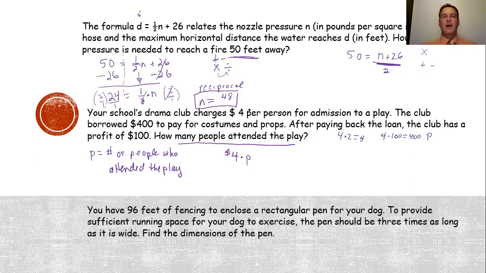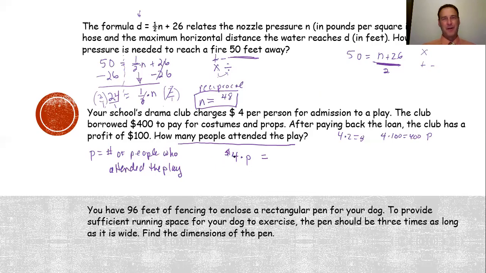All right, so here's what it says. The club borrowed $400 to pay for costumes and the props, and after paying back the loan, the club has a profit of $100. So, the club borrowed $400. Here's what I got. It's 4 times P, and I have to pay $400.